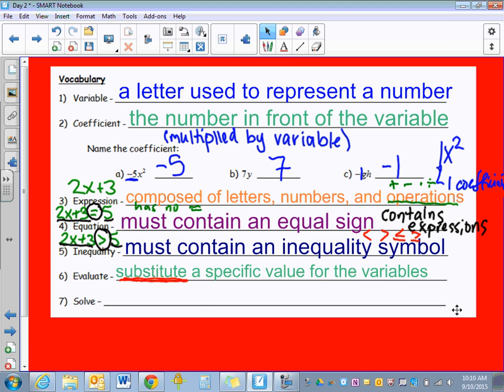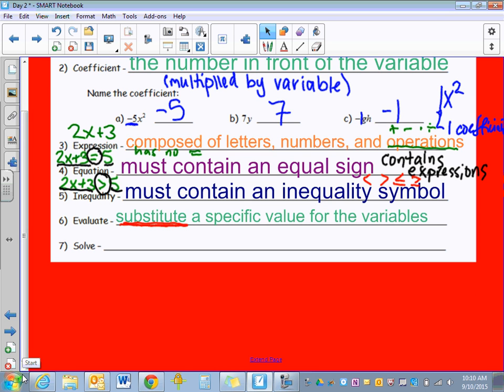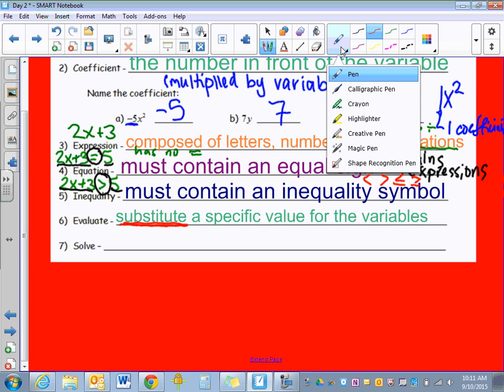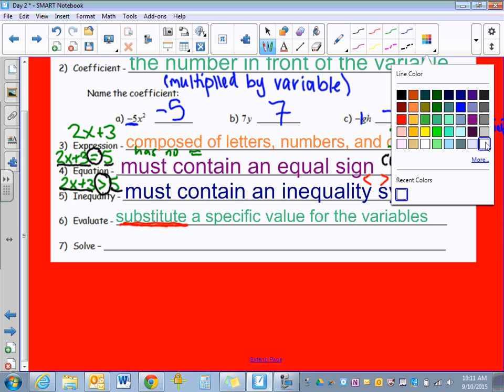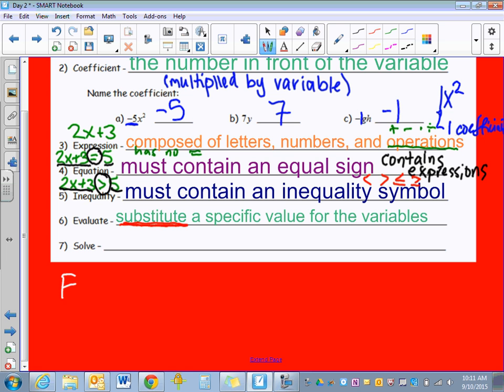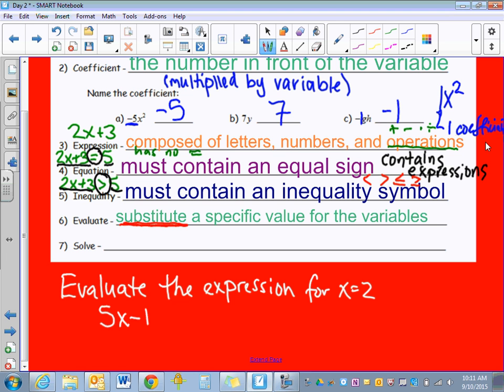So let's say, for example, write this down. It says evaluate the expression for x equals 2, and our expression is 5x minus 1.